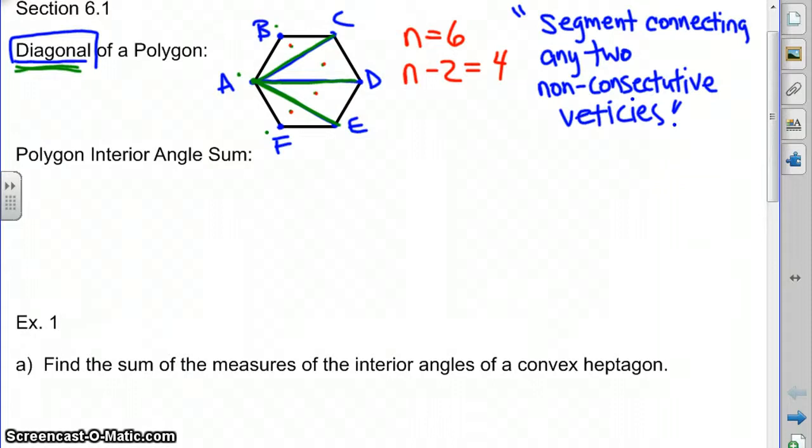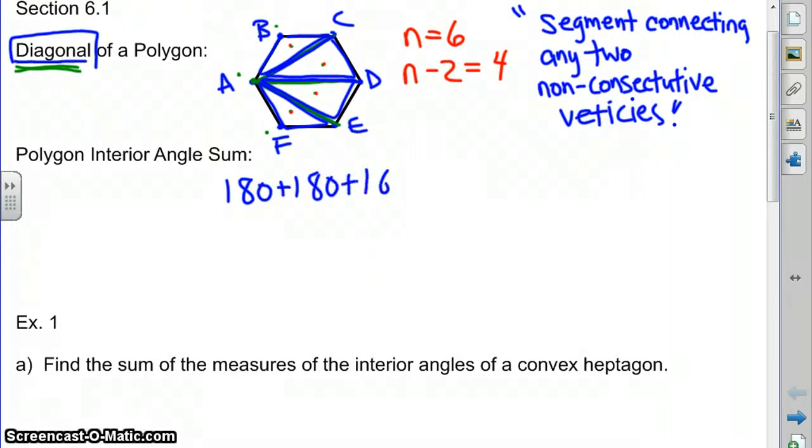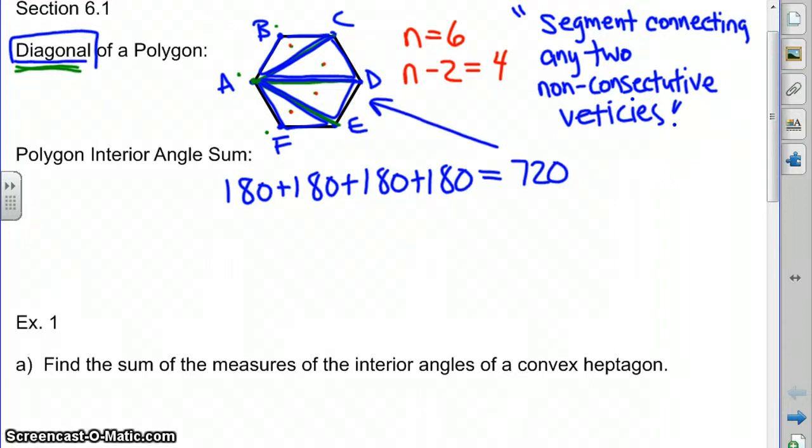So in the case of my six-sided polygon, I've created 1, 2, 3, 4 triangles. That would be 180 degrees plus 180 degrees plus 180 degrees plus 180 degrees, which would give me a total of 720 degrees in a six-sided polygon.